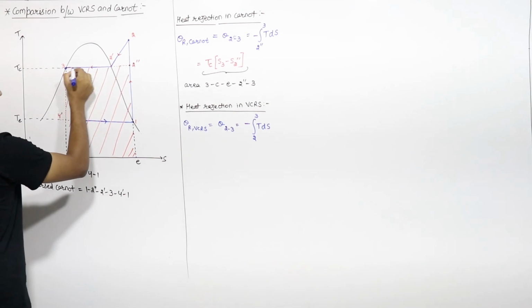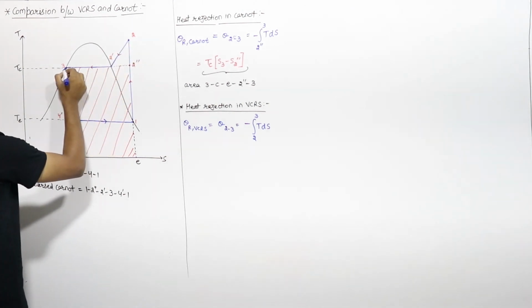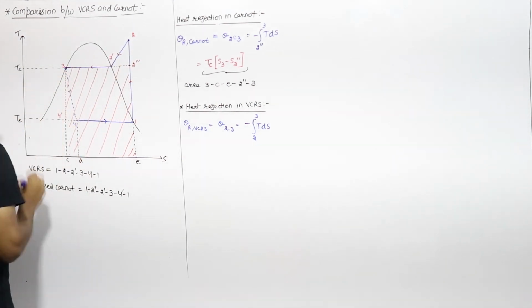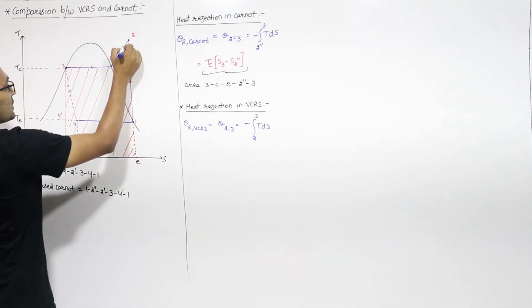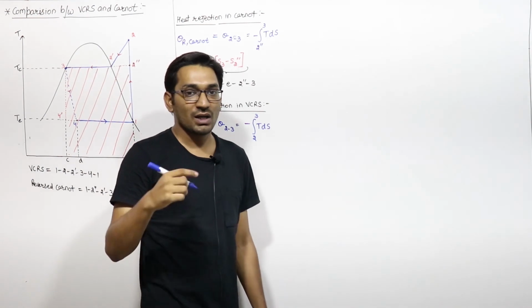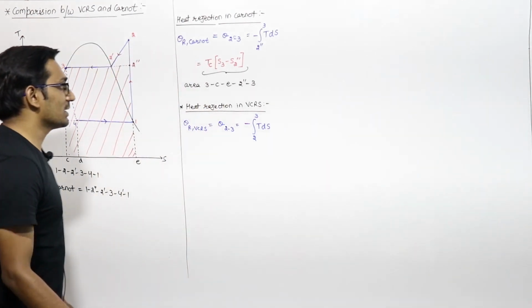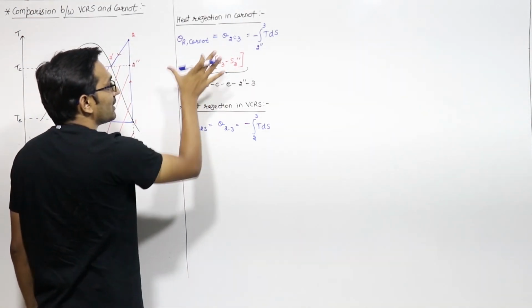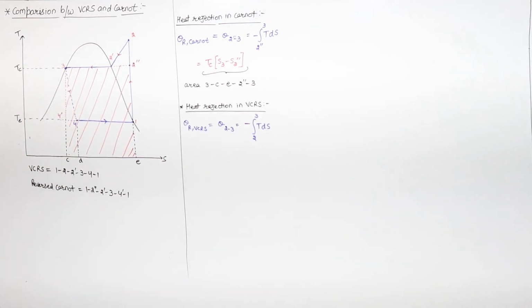Now as you see from this diagram, the temperature at point 2 and at point 3 is not the same. This is not a constant temperature process. This 2 to 3 process is a constant pressure heat rejection process, not an isothermal heat rejection process like in the reversed Carnot refrigeration system. So we cannot write it as T into S3 minus S2, because temperature is not constant and so it does not come out of the integration.